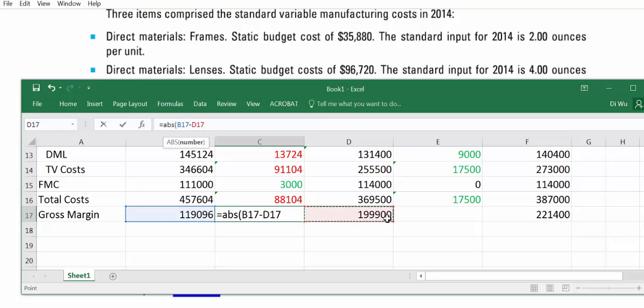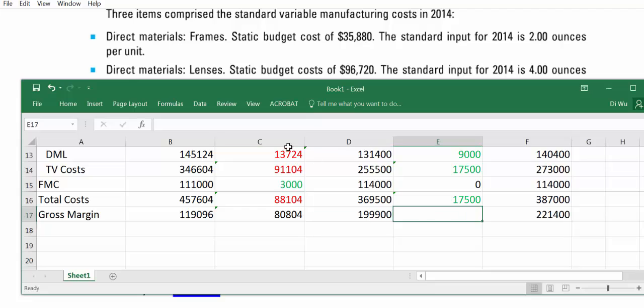the variances and figure out the possible reasons causing these variances. So here you get 80,804. This is the flexible budget variance.